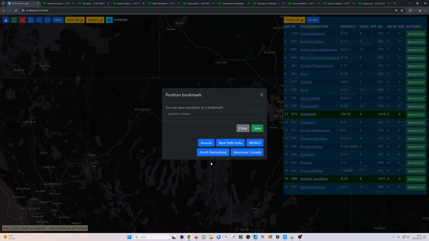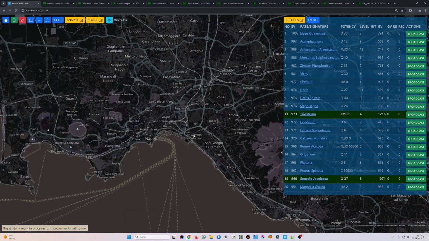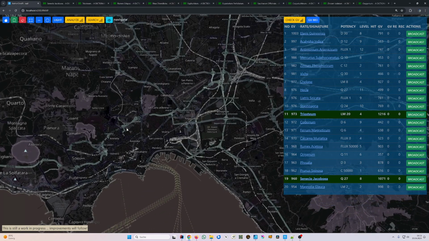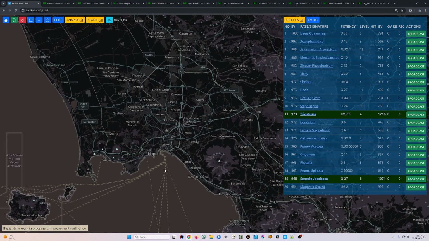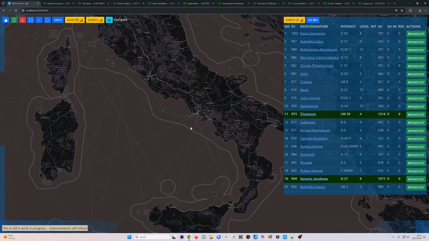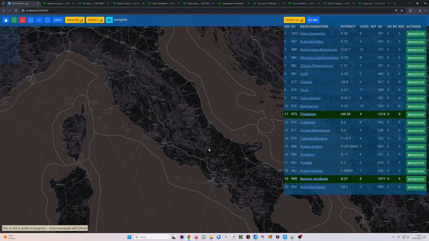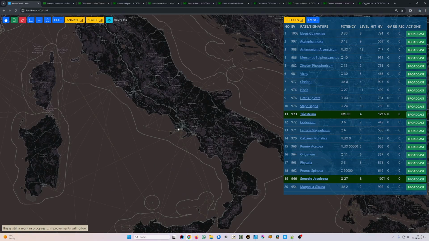So now let's go to Naples in Italy. This is a city with high pollution. Napoli, city in Italy. I zoom out so you can see where it is, more or less in the south.